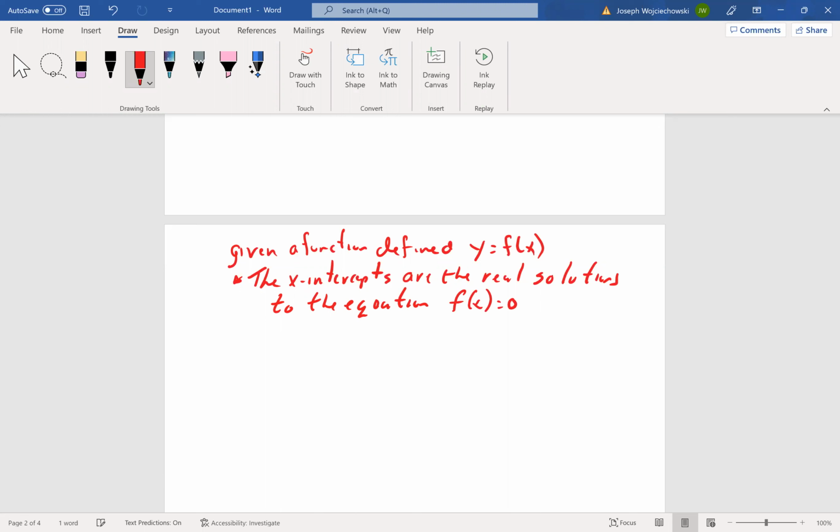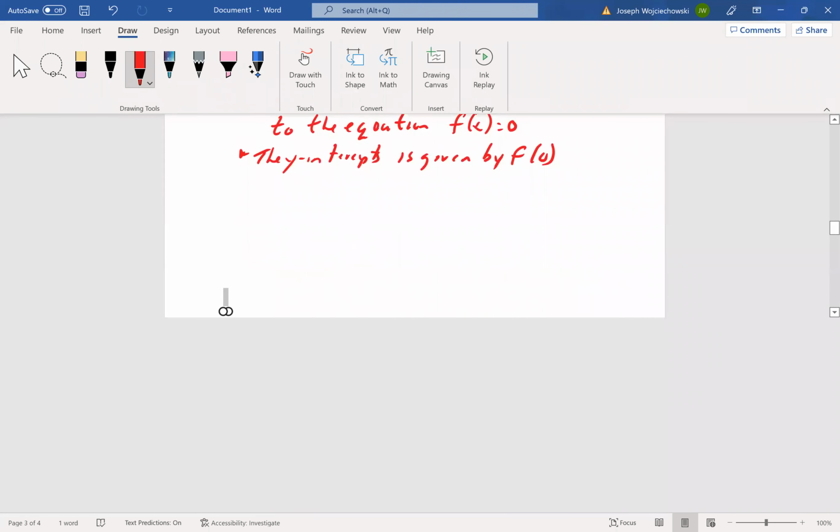Remember we said earlier that to find the x-intercepts we set y equals 0? Well, f of x is our replacement for y. And then the y-intercept is given by f of 0.